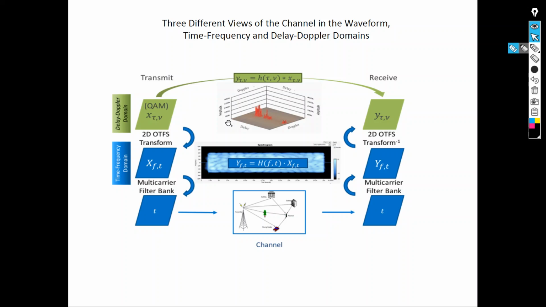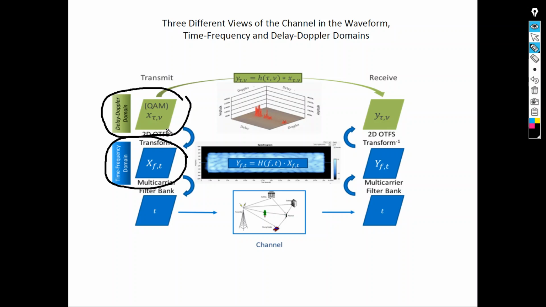This is the visualization that shows you what you need to do in MATLAB exactly. You have the delay Doppler domain. Let's start from here. You have the delay Doppler domain, which is this. You have your signal in the delay Doppler, and you have the time frequency domain.